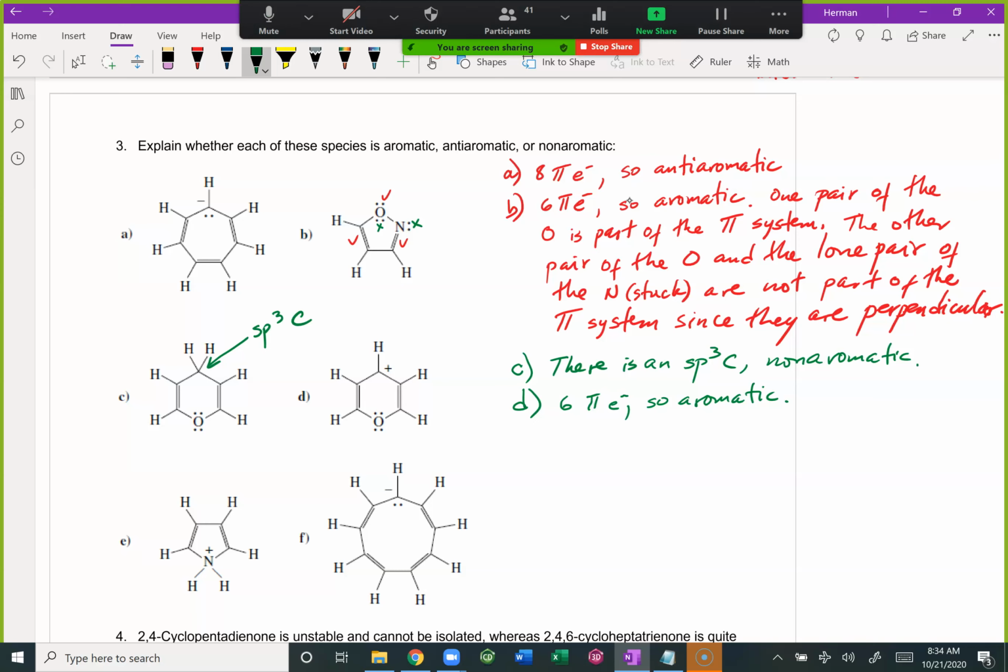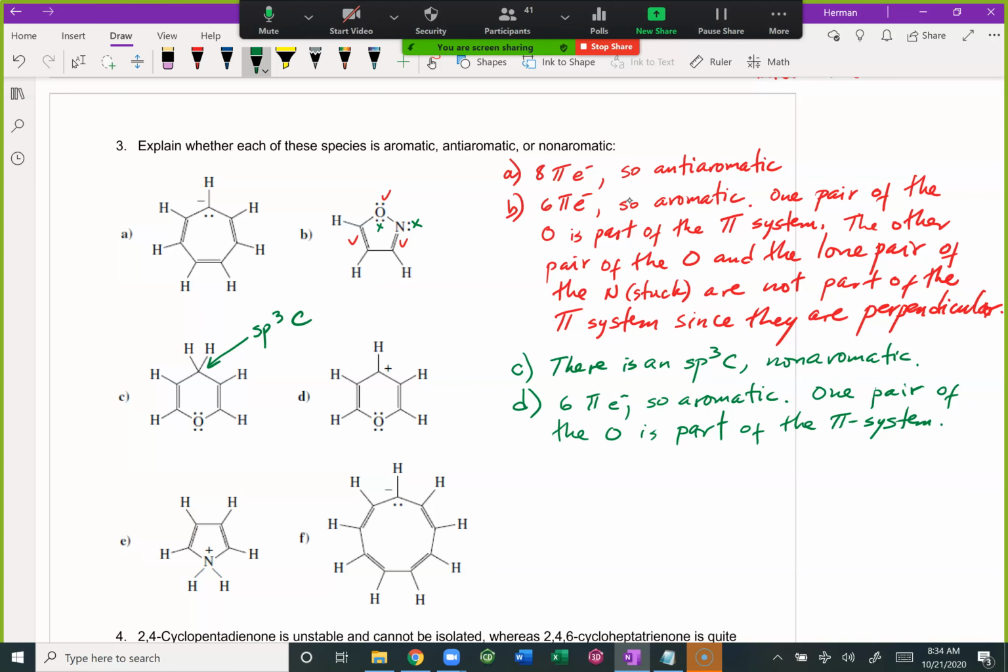One note here: one pair of the oxygen atom is part of the pi system. The other one is perpendicular, away from the pi system, so it's not part of it. All right.